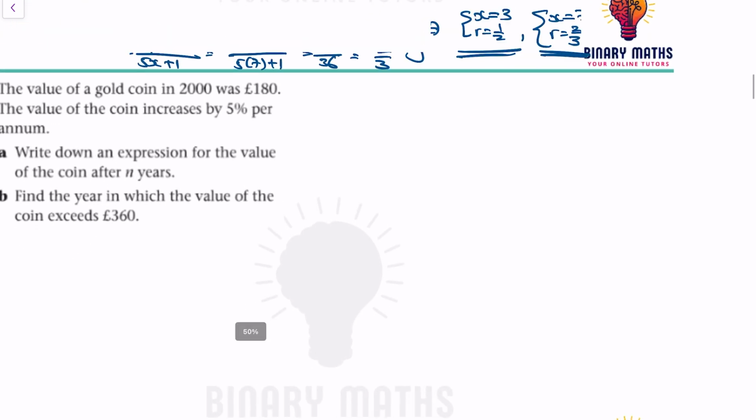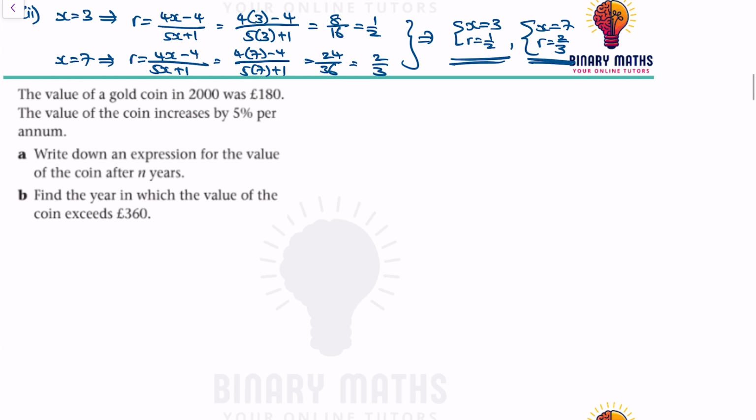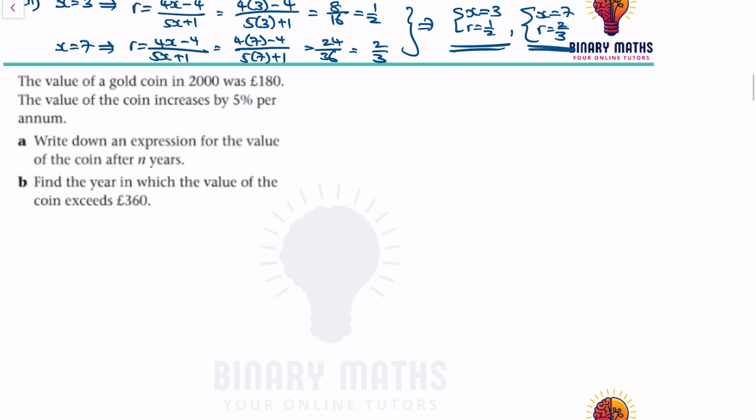The value of gold in 2000 was £180. The value of the gold increases by 5% per annum. Okay, A, write down an expression for the value of the coin after n years. So that means 180 is at the beginning. To get the next one is 180 times, if you increase by 5%, you get 105%, which is equal to 1.05.